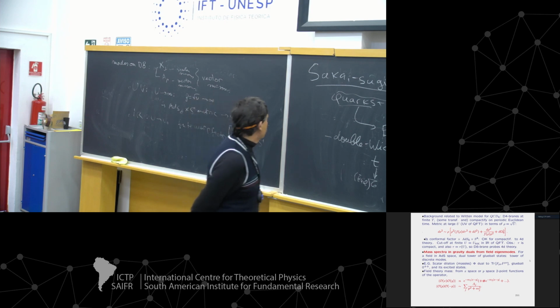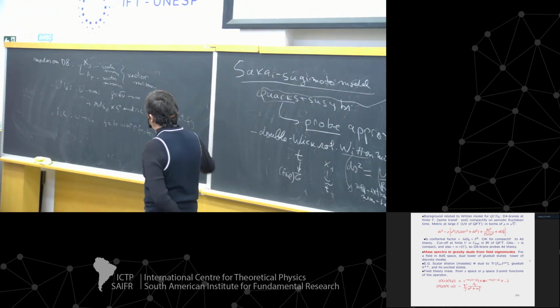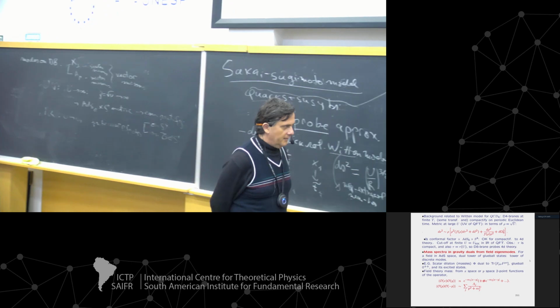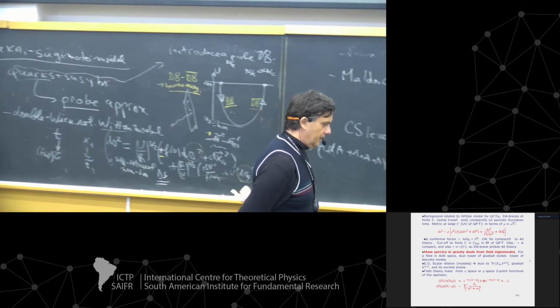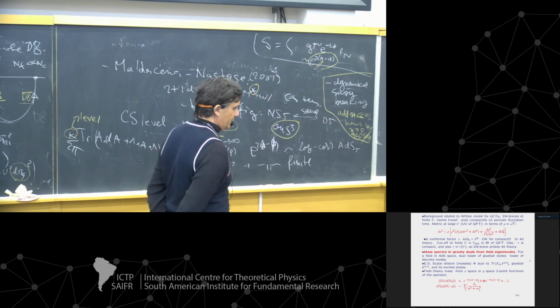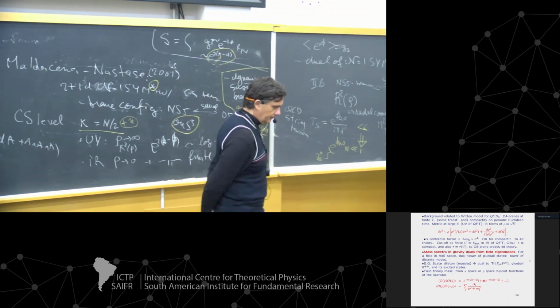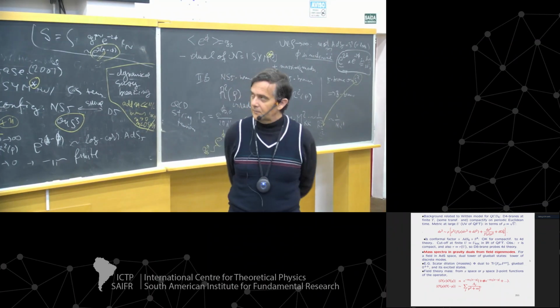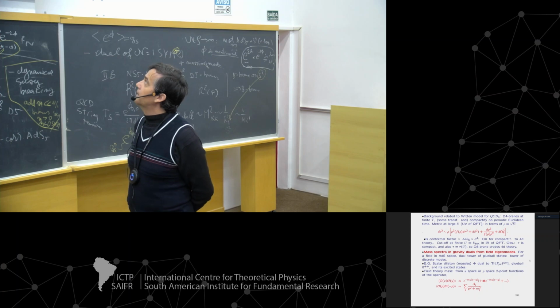Okay, so this Sakai-Sugimoto model has the same behavior as the other ones. In the UV it is AdS cross S. In the infrared, you get the finite warp factor.